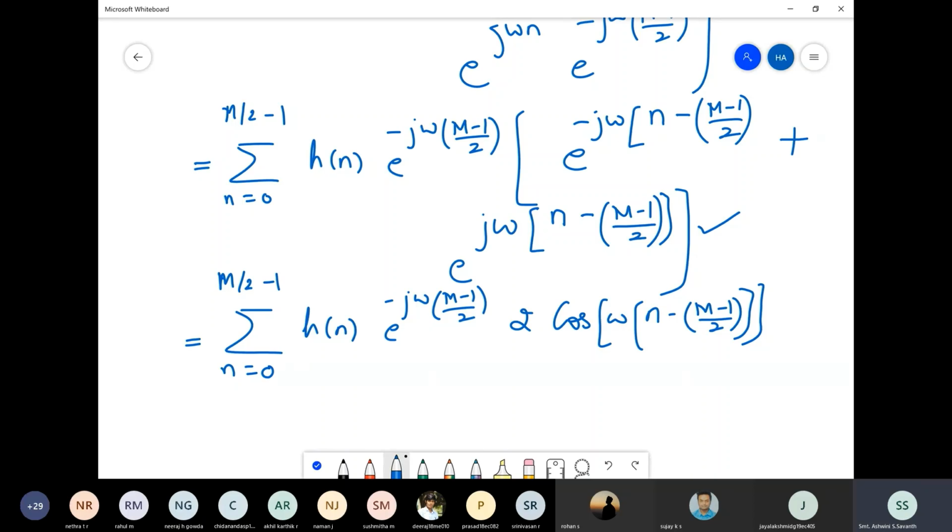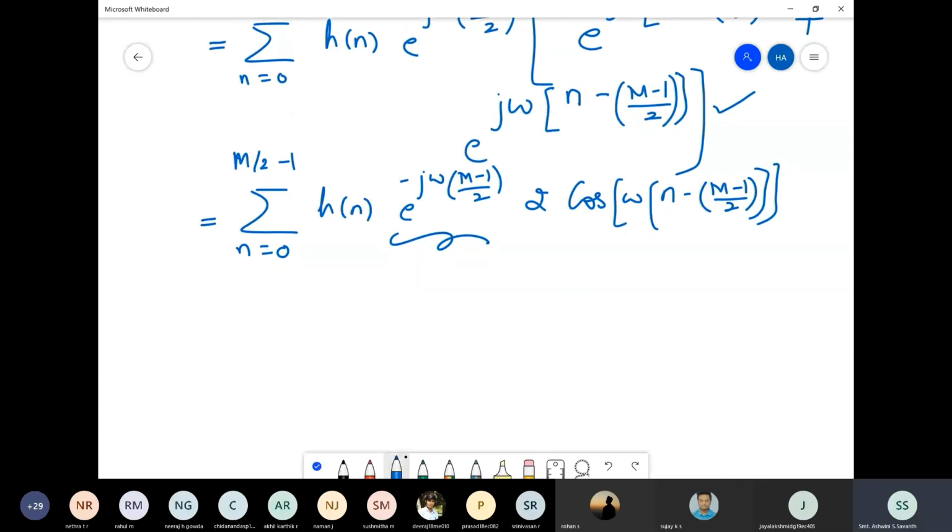Then, this term does not have an n in it, so we can write this term outside the summation. That will be e power minus j omega into (M minus 1) by 2, written outside.